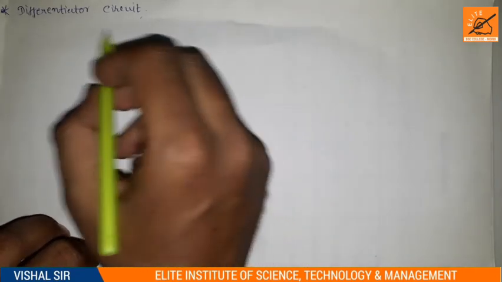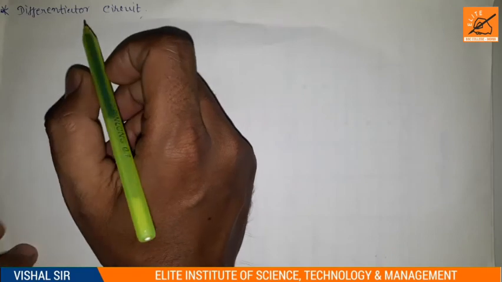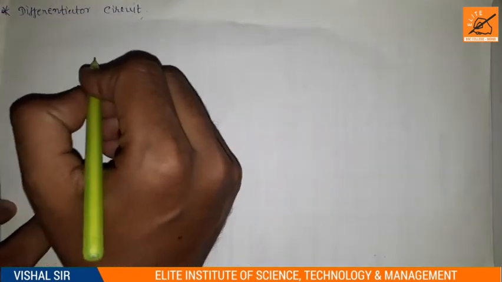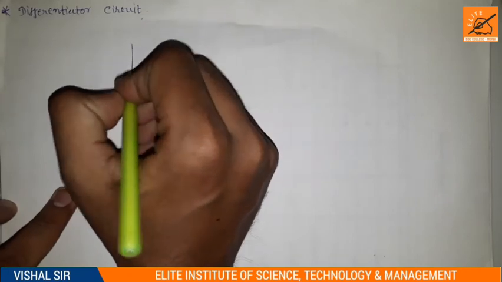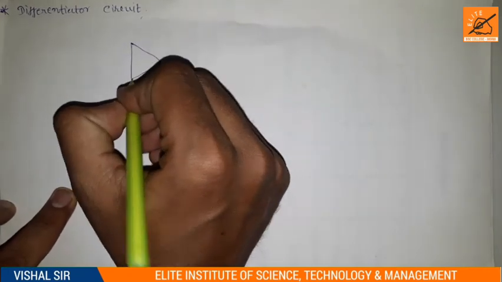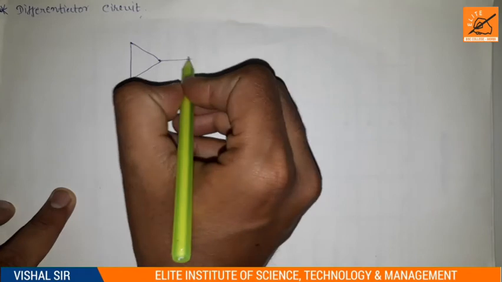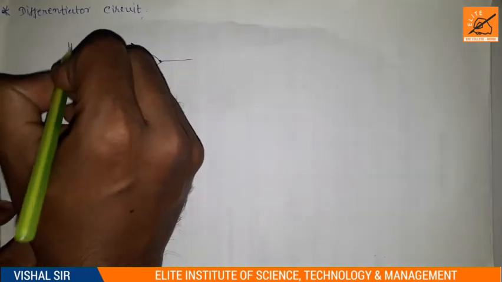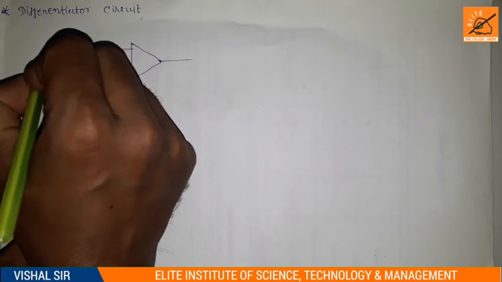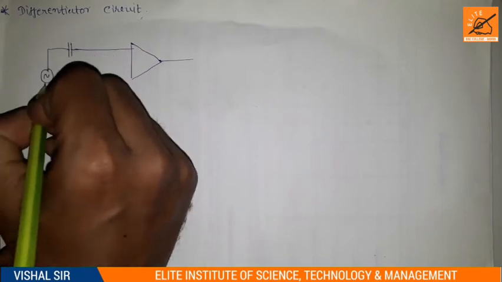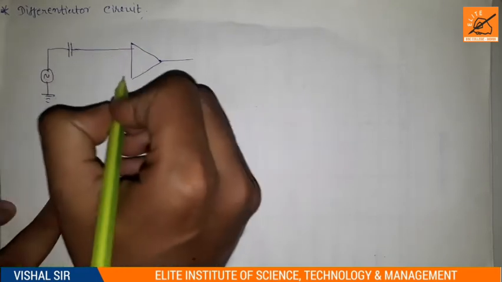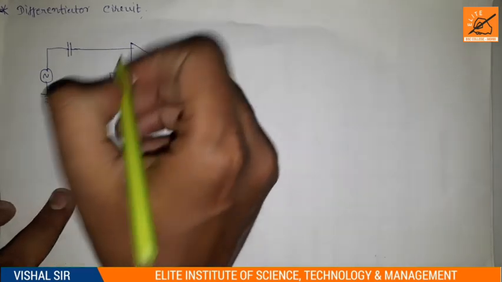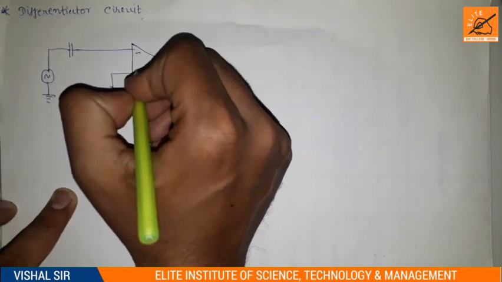Now we will see the circuit diagram, then we can say how the components are interchanged. So first of all, here is one op amp, here is a capacitor, minus and plus.